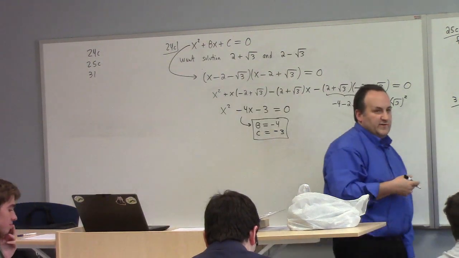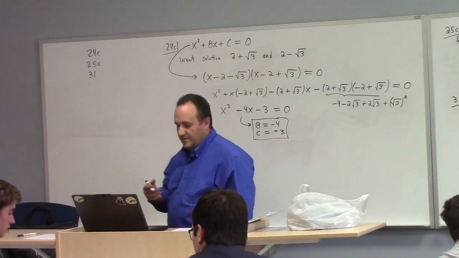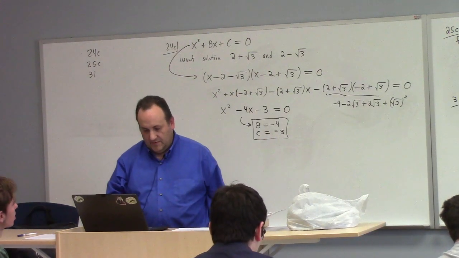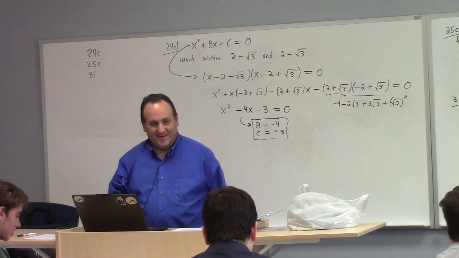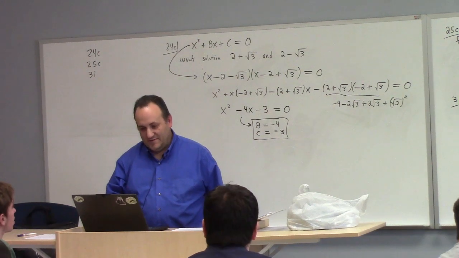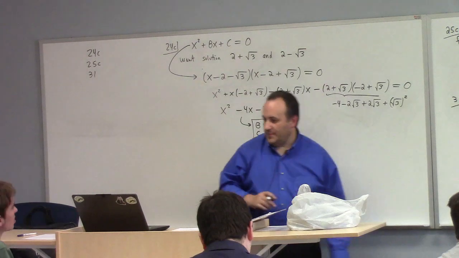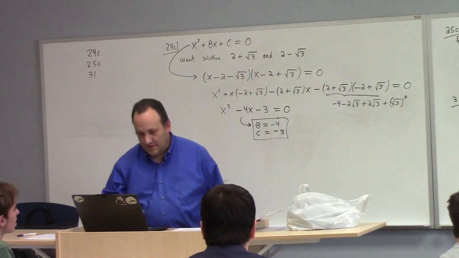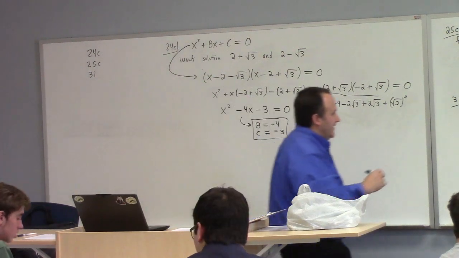So which part of 31 did you guys want me to look at? A, B, C, or D? All of them? I think I'm going to need you guys to pick a part. Which one? Part B? Well, let me pick the one that's a little bit tricky. I'll start with A. A is slightly tricky.